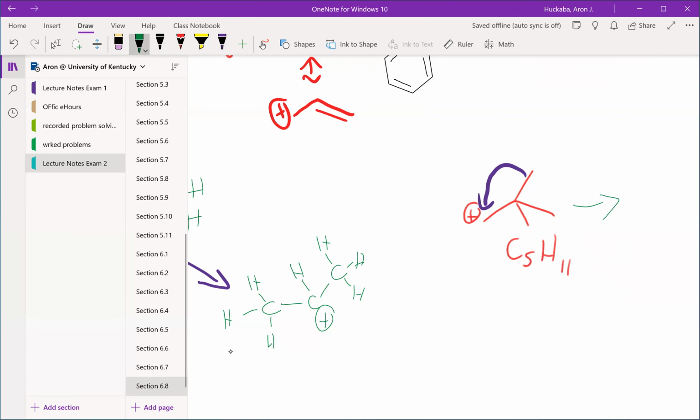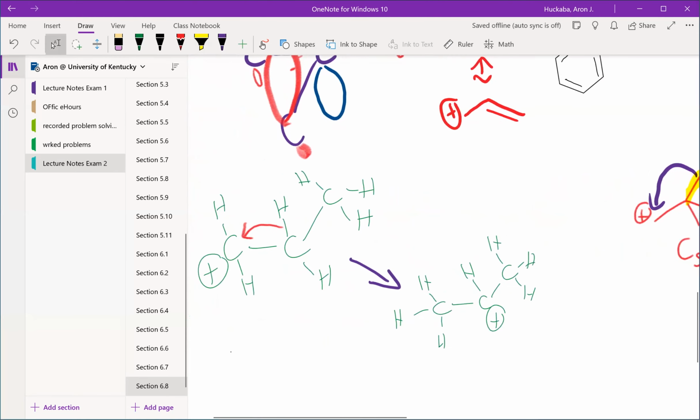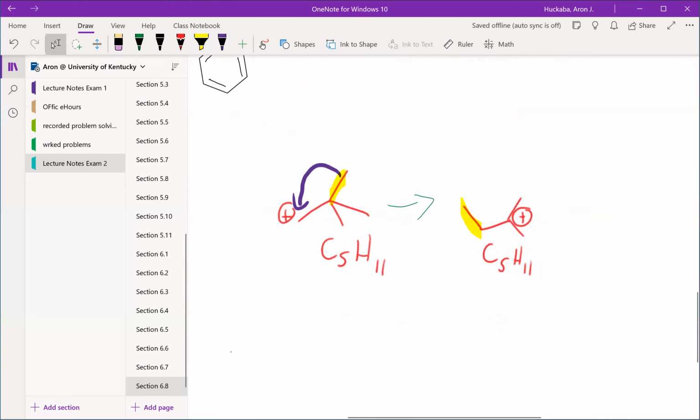So when this happens, you end up with this molecule. Same molecular formula, C5H11. The only thing that changed is that one of these carbons, this one, moved to the other carbon in order to stabilize that carbocation. These are called, on the left, the hydrogen movement is called a hydride shift, and on the right is called a methyl shift.